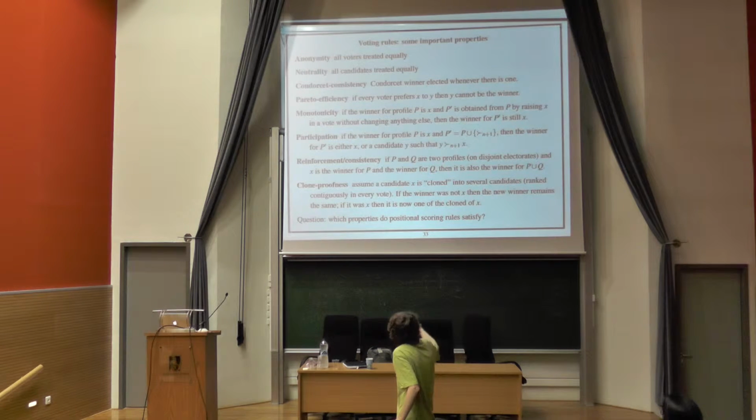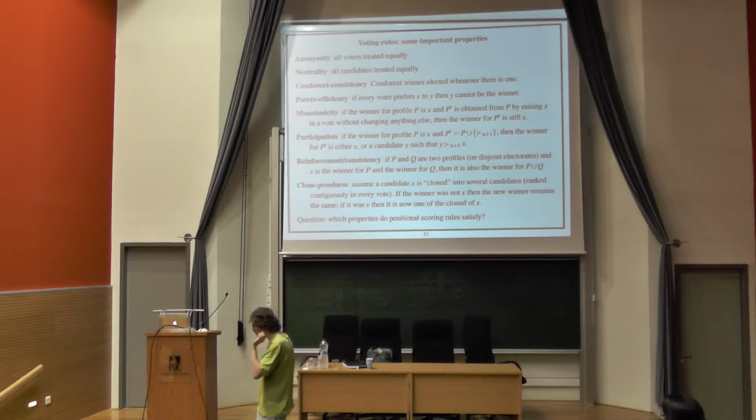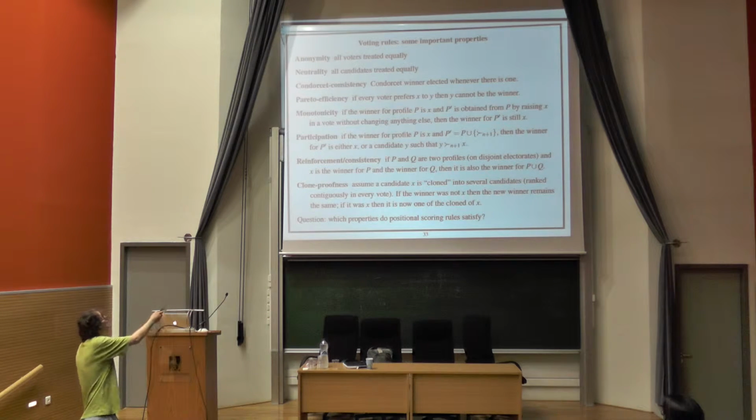Pareto efficiency, again, we've seen that. This is the version of Pareto efficiency for voting rules; we've seen it for aggregation functions. For voting rules, if every voter prefers X to Y, then the winner cannot be Y, which is quite important.